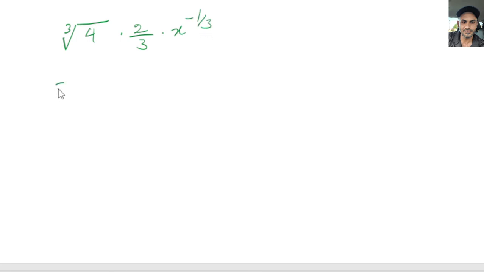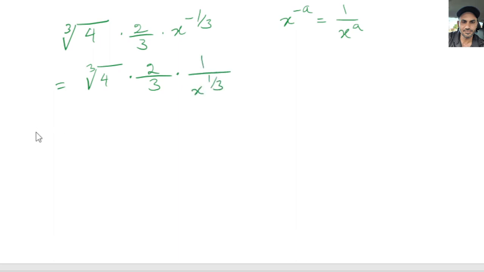And I'm going to simplify it further, bringing this into the denominator to make the exponent positive. It's x to the negative a equals 1 over x to the a. This is the property of the exponent we are going to use here. So we have cube root of 4 times 2 over 3 times 1 over x to the 1/3 power.